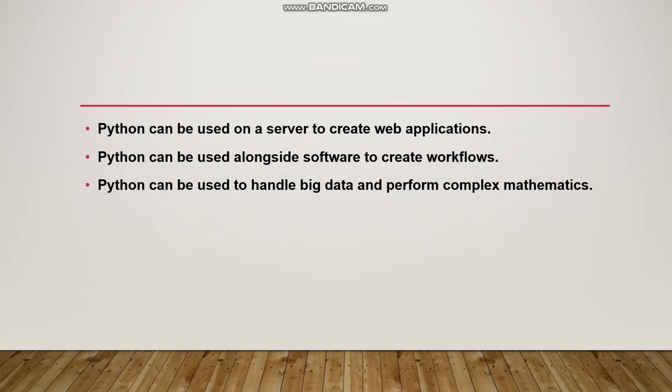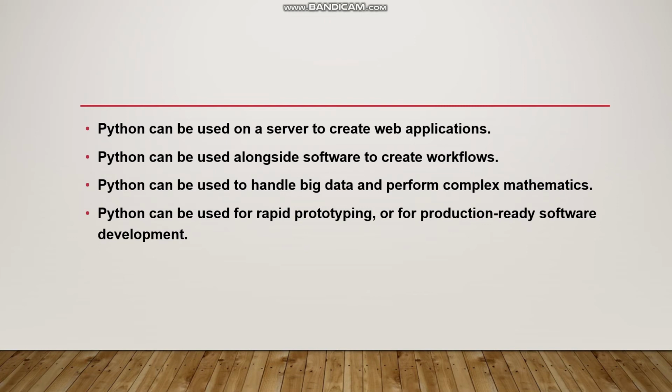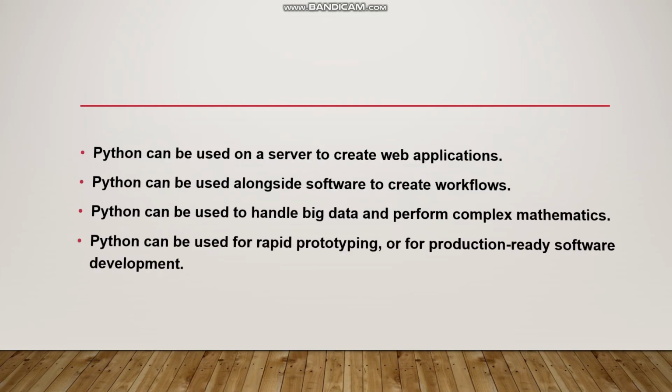It is also used in data science, machine learning, and AI, and all these three concepts which we learn together, or one by one, are based basically on Python. Python is the most prominent language for data science or big data and performing complex mathematics. Python can be used for prototyping or production ready software development also.